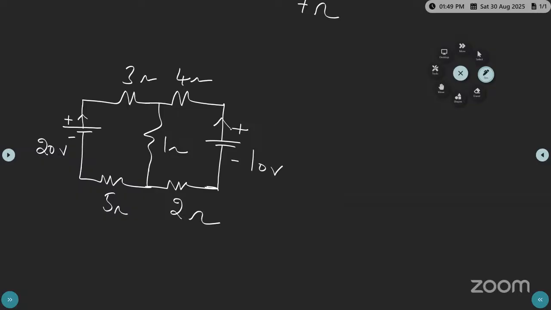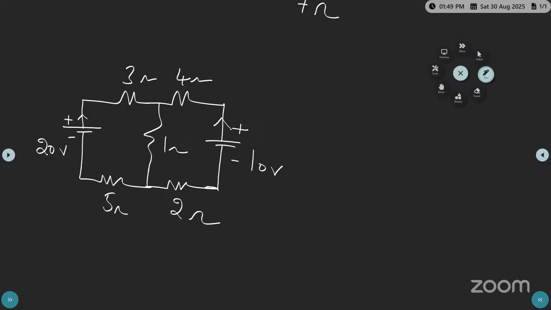Then which method do I have to apply? I have to solve the question and get the required parameter, like the current in the 2 ohm resistor, or the voltage across any one element. So we have to know the method called mesh analysis. Mesh analysis is a method we can apply to any type of circuit.